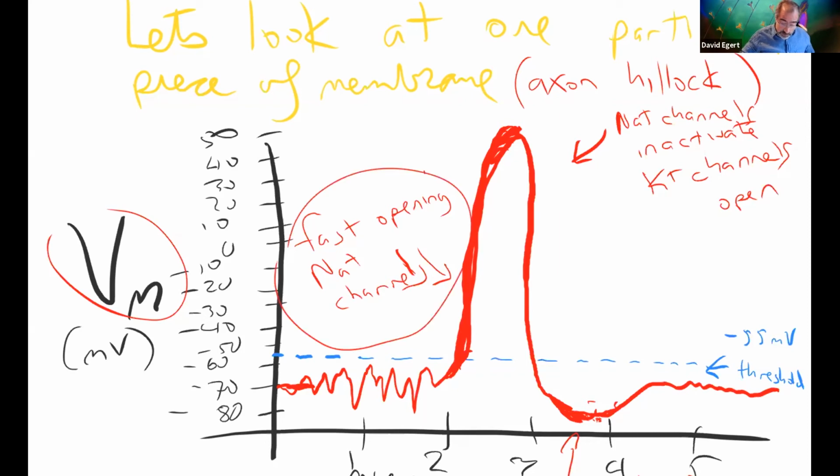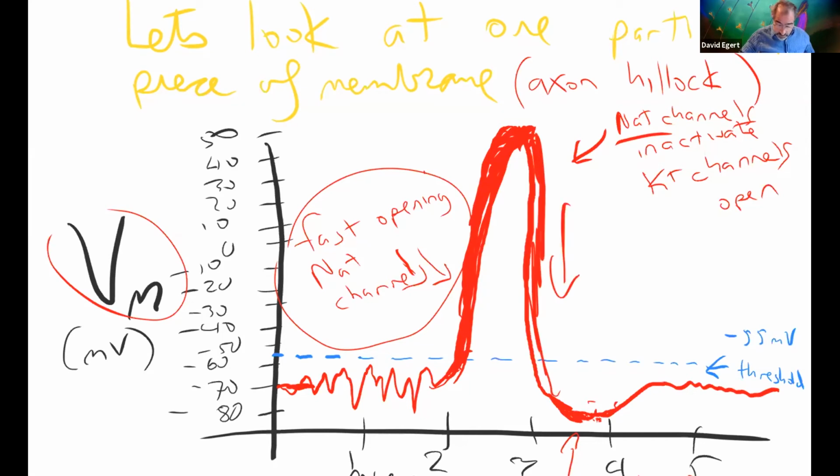Fast opening sodium channels when we hit the threshold means the voltage is going to rocket up to about plus 40 or something. Then after a millisecond, sodium channels close, potassium channels open. Now we come back down. We actually undershoot because the potassium channels stay open for about a millisecond even after we're lower than the threshold.